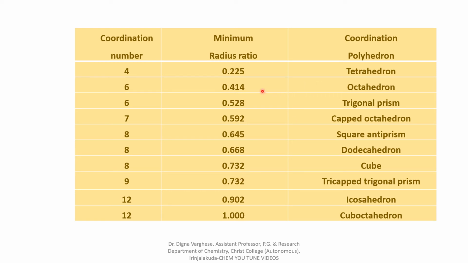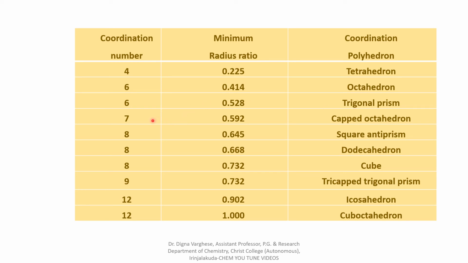Okay. For coordination number 4, the radius ratio is 0.225. It is preferable to tetrahedral geometry, or the coordination polyhedron is a tetrahedron. For coordination number 6, the radius ratio is 0.414. It is an octahedron. For coordination number 6, the radius ratio 0.528 is a trigonal prism.